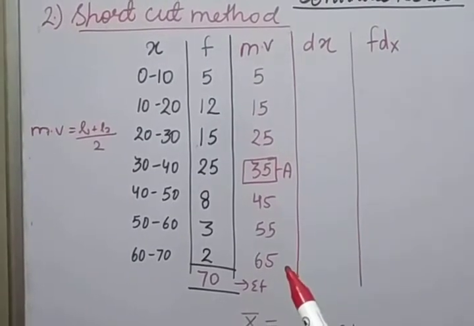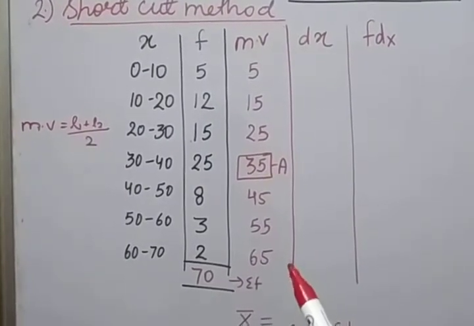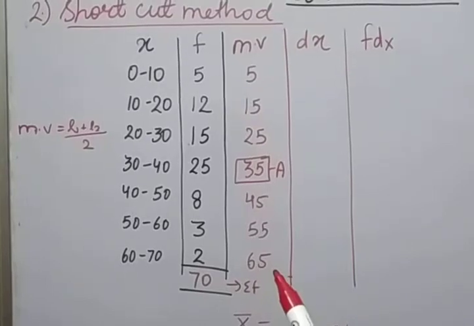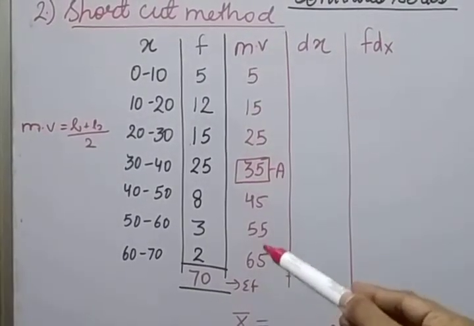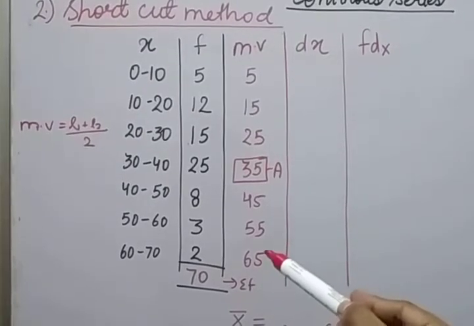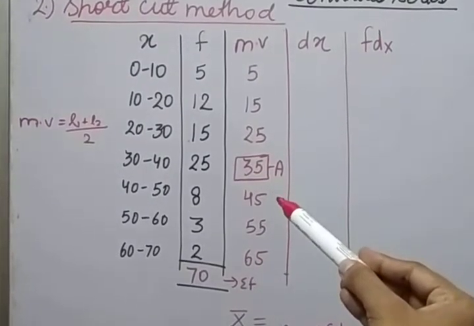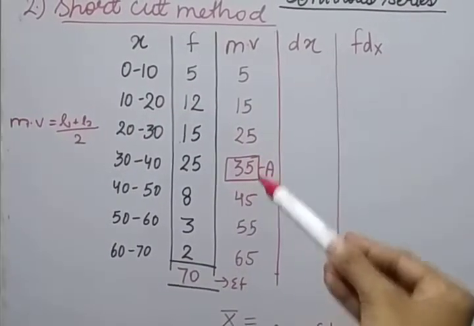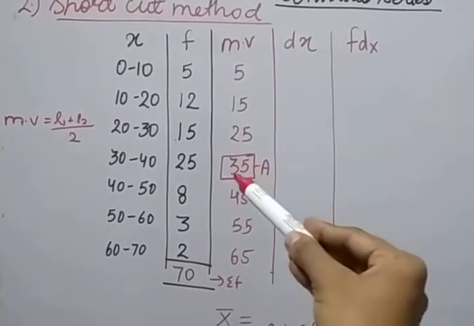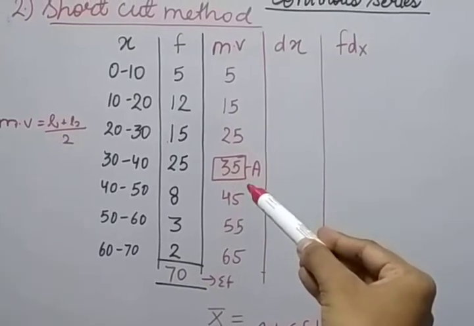Now in the shortcut method, after calculating the mid value, the second step is to assume one number from the mid value. In discrete series we assumed the number from the x. Now x is converted into the mid value, so we have to assume the number from the mid value. I have assumed 35 as a mid value.